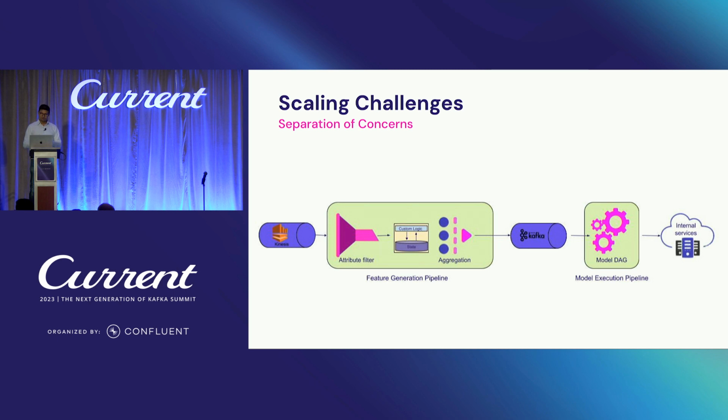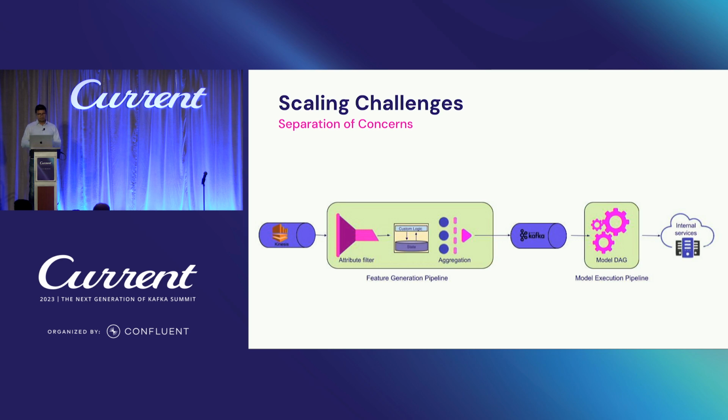And then you have the model execution pipeline separately. So what happens there? You are not processing that many events, since all of the data is aggregated, so you have fewer events, but you're more focusing on the data consistency and the dependency management.